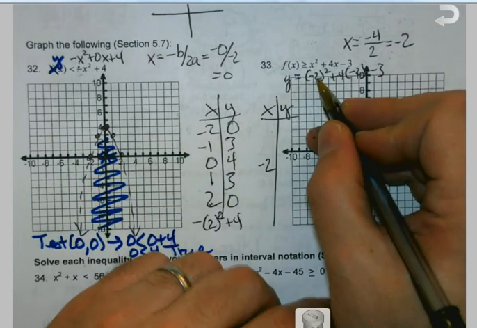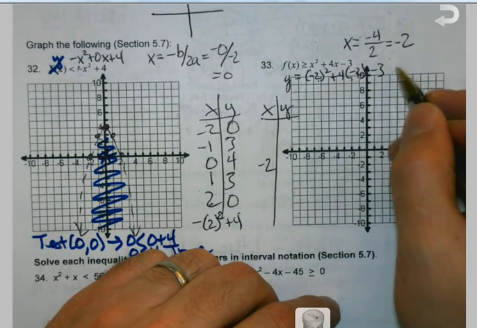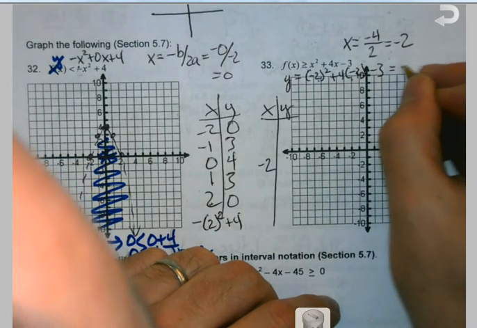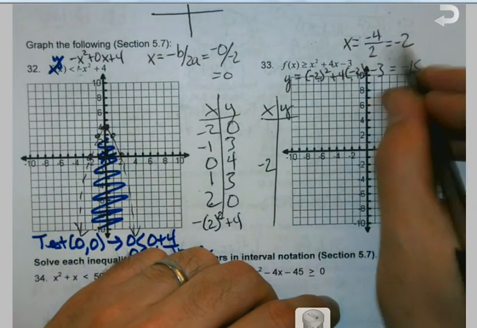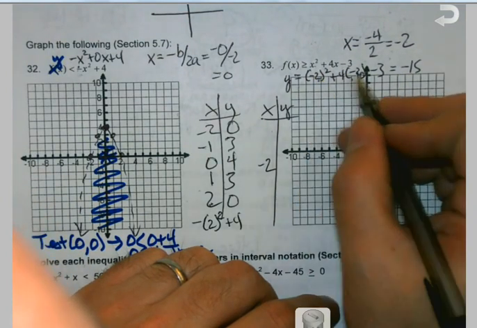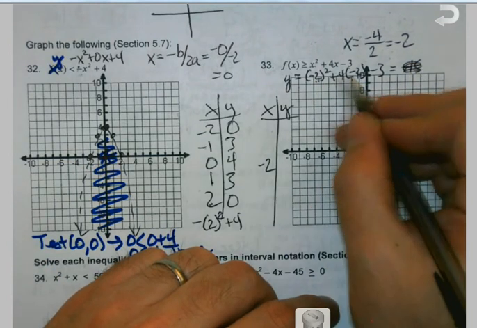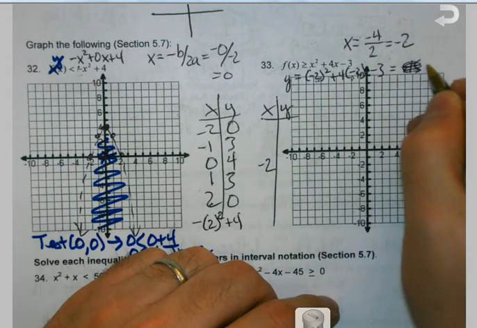So 4 minus 8, negative 12, minus 3. Was I bad on this one? Negative b, yes. 2a, yes. 4 minus 8. Oh, Harty. 4 minus 8 is negative 4. Minus 3 is negative 7.